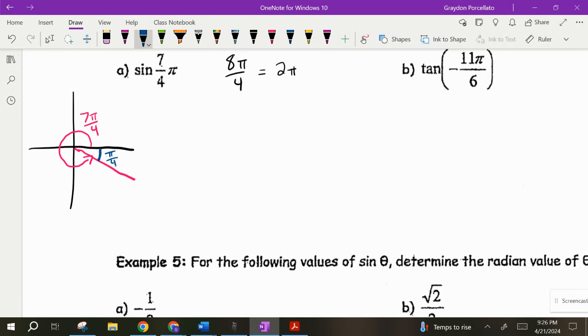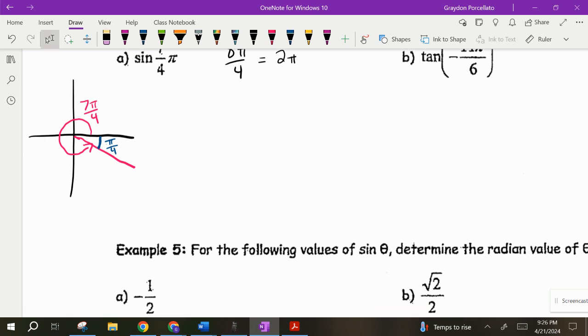So now that I know that, what I can do here is relate this to my special triangles. And what special triangle has pi over 4 in it? Well, I'm going to draw it out for you here. It's this one.